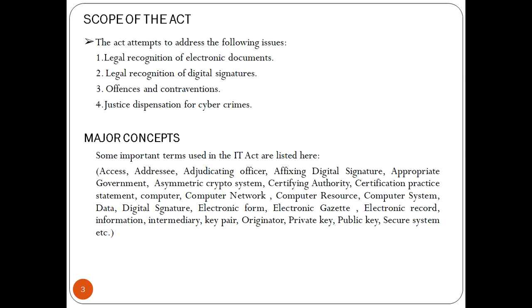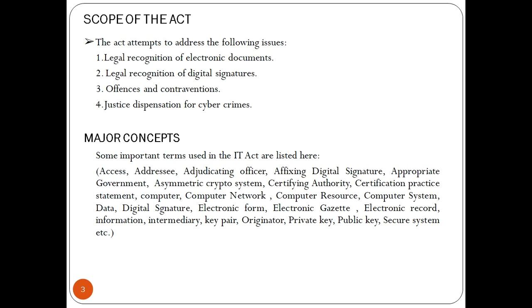Now, there are some things which are not coming under this scope. As per Section 1, provisions of this act shall not be applied to the following documents or transactions. Few examples: a negotiable instrument other than a check, a power of attorney, a trust as defined in Section 3 of the Indian Trusts Act 1882, a will as defined in clause (h) of Section 2.